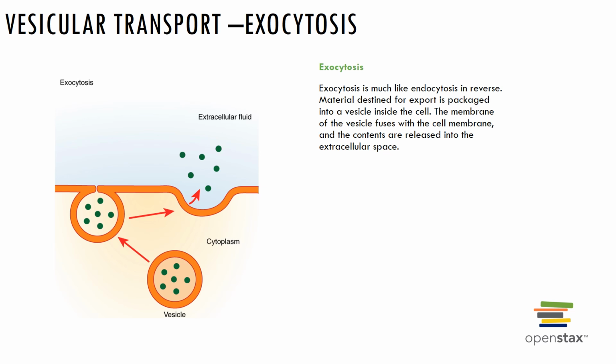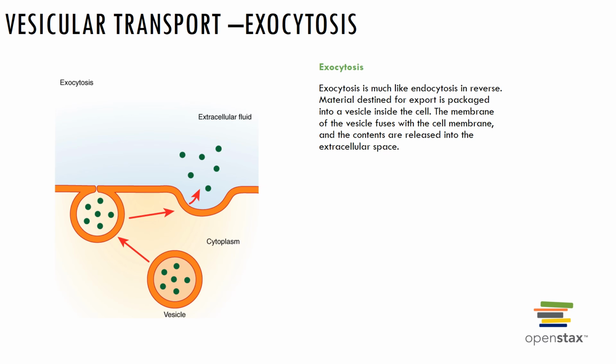This is where a vesicle fuses with the plasma membrane and the contents are released into the extracellular fluid. Examples of this in our cells are hormone secretion, neurotransmitter release, or just when we want to get rid of metabolic waste products.